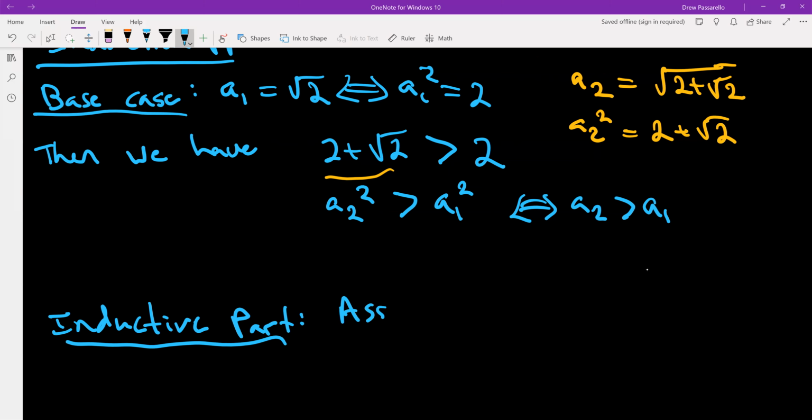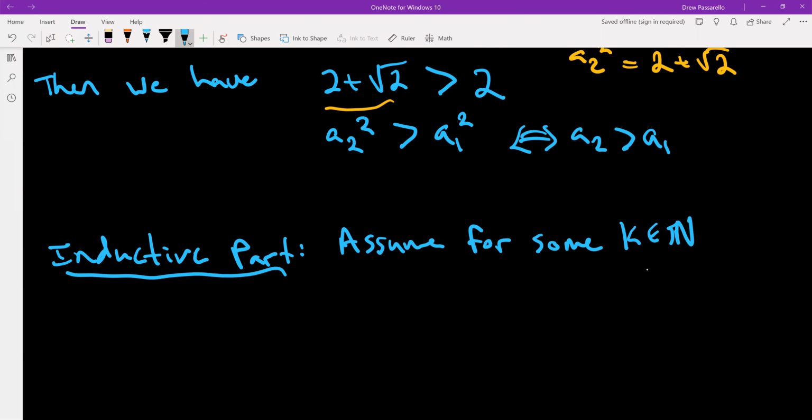Assume for some k, we have that a(k+1) squared is greater than ak squared.